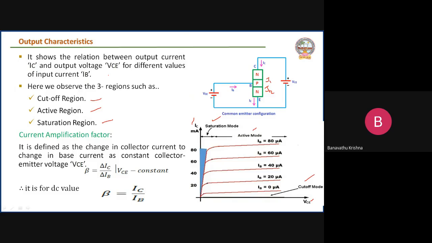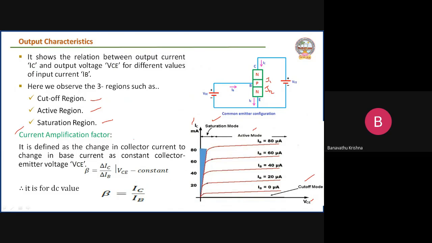As I told you in the previous class, in the active mode the emitter base junction is always forward biased and the collector base junction is always reverse biased. Coming to the saturation mode, both the emitter base junction and the collector base junction are in forward bias condition.